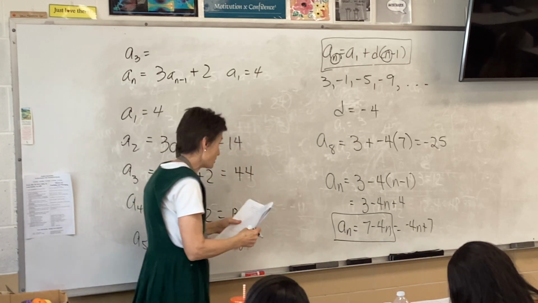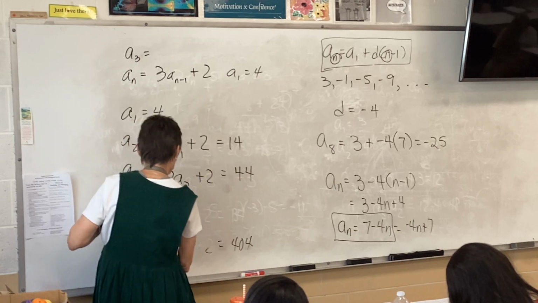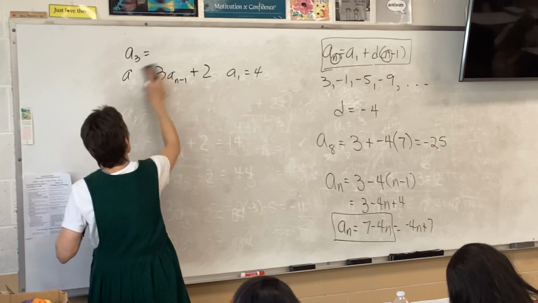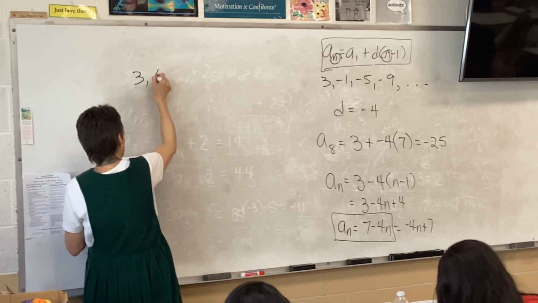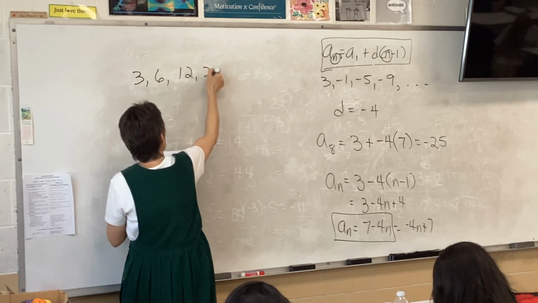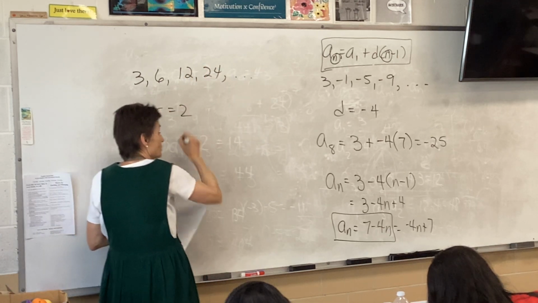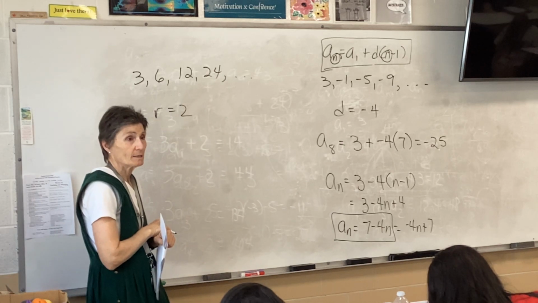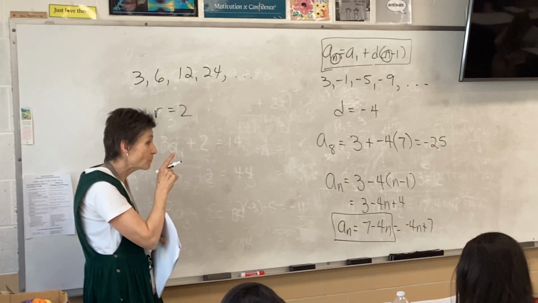All right, let's look at the next one. How about this one? What's happening in problem B? Geometric. It's geometric. Why is it geometric? Times 2. We're multiplying by 2. So my common ratio is 2. And since I'm geometric, I don't use that formula.